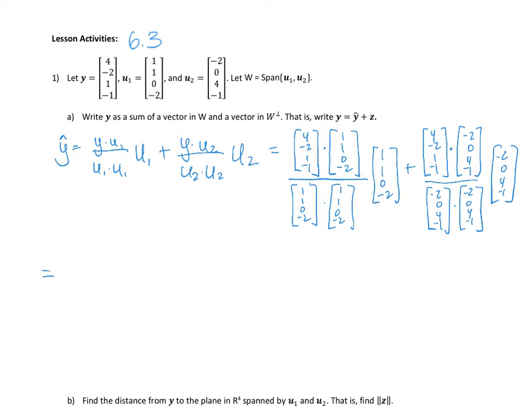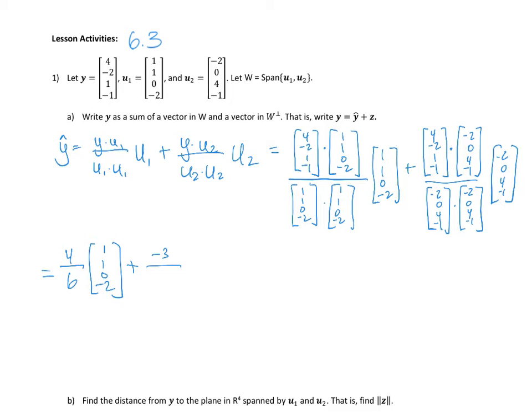So the first term, the numerator of the fraction, would be 4 plus negative 2 plus 0 plus 2. So that's 4. And then my denominator would be 1 plus 1 plus 4, which is 6, times 1, 1, 0, negative 2. Plus, my second term, the numerator is going to be negative 8 plus 0 plus 4, so it's negative 4 plus 1 is negative 3.